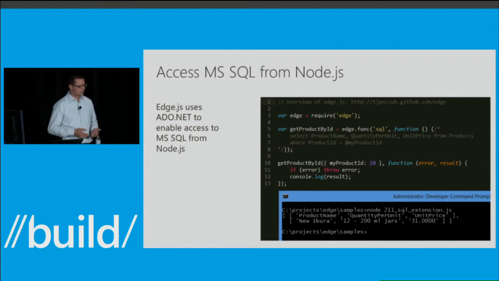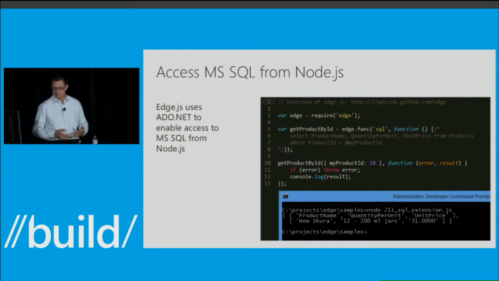The T-SQL statement is actually parameterized. In line 7, you see the myProductId is provided as a parameter to the where clause, which will basically select a particular product from a products table. The value of that product ID parameter is specified in the actual call to the getProductById function in line 10. This is the first parameter to the getProductById function.